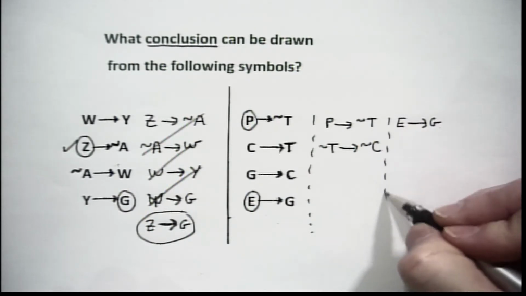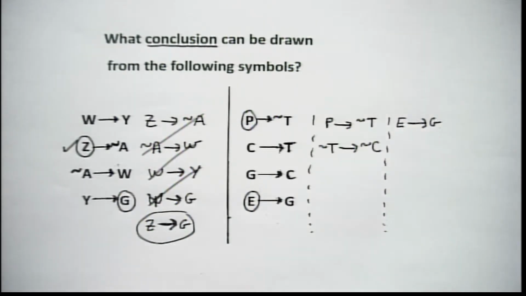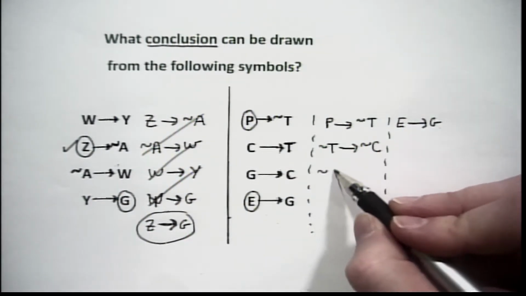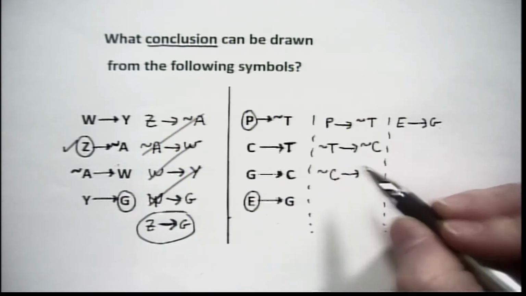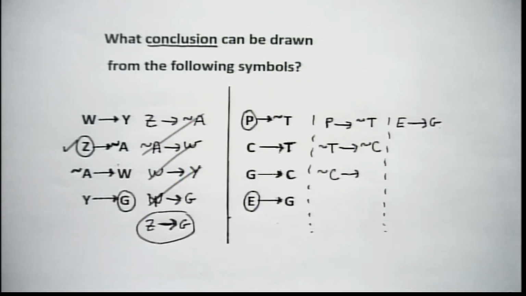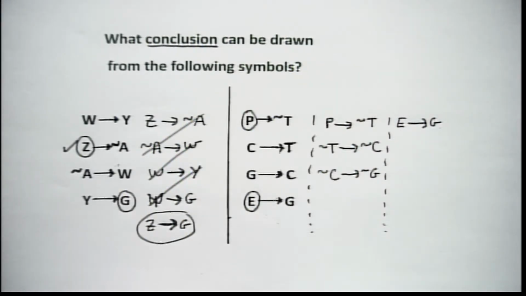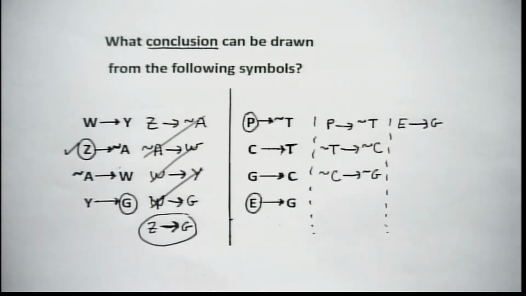I'm going to put this right down here so we don't get confused. All right? So, oh, got it. What do we need here? We need a not C, which, guess what? Contrapositive time again. It's going to lead us to not G. Can we go one more notch? Of course we can. One more contrapositive, ready to go.